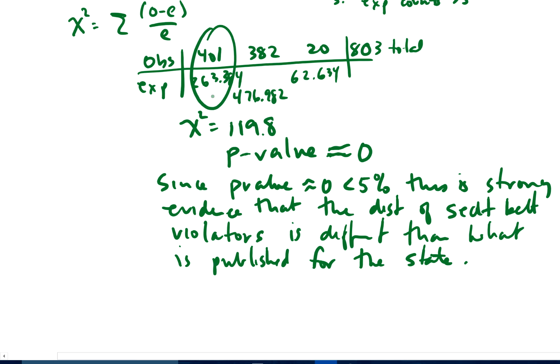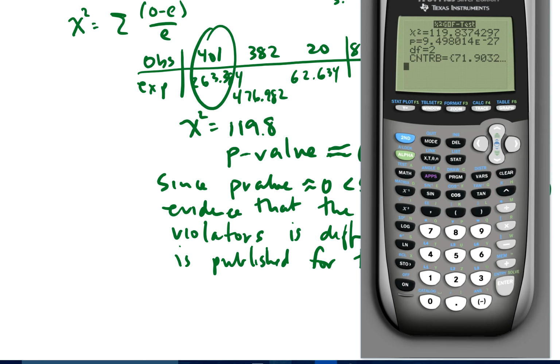That's a big difference that is adding up to contribute to the 119. And so we can go up there and look at that and see what that list is. I think we can do that, and I'll show you this in class. I think, yeah, there it is. It comes up in a list, and we can actually look at it. Yeah, there we go. And I can see the first is 71.